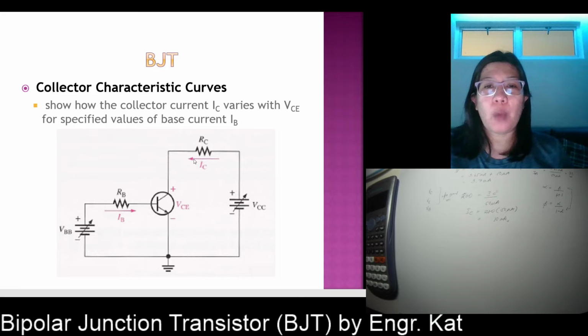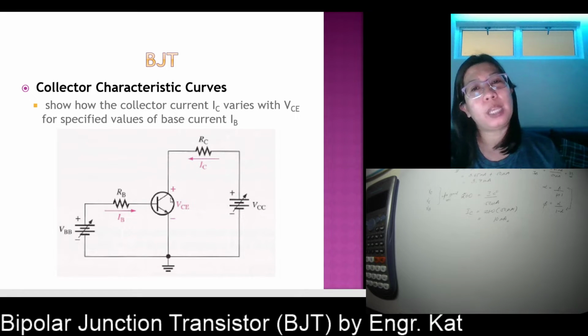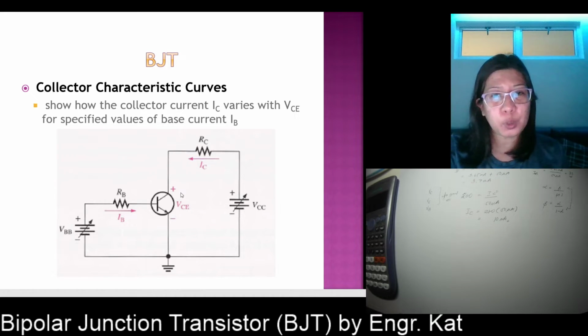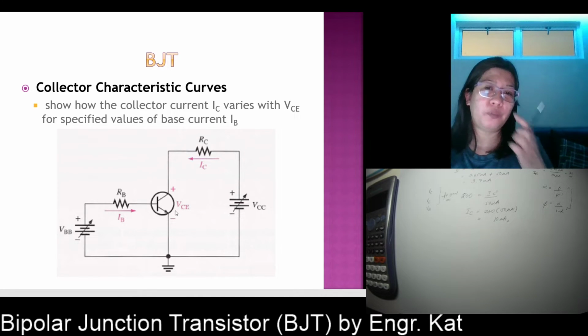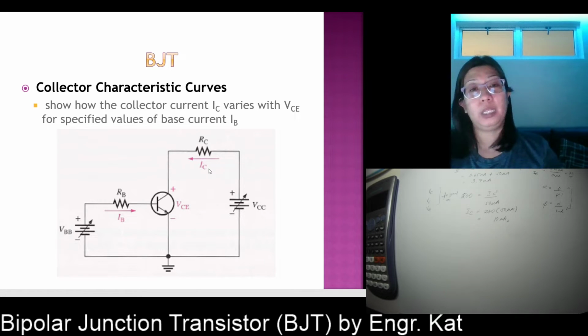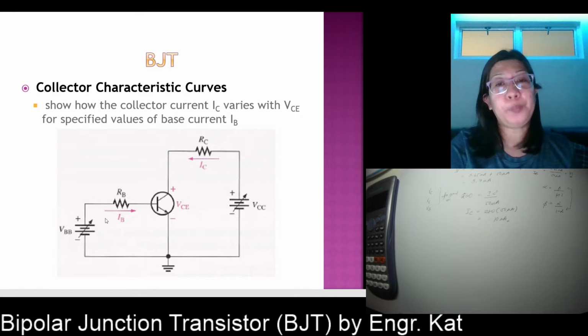This shows how IC varies with your VCE. Usually the collector characteristic curve is shown at the output terminal, because the output terminal is between the collector and the emitter. So what happens to VCE when IC increases, or decreases, with a specific value for the base current IB?